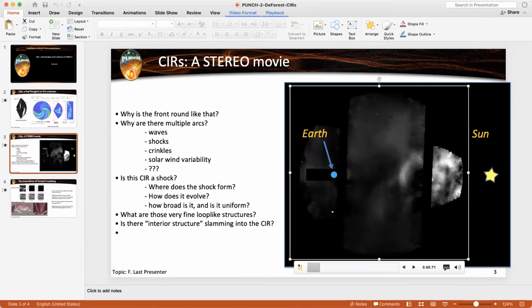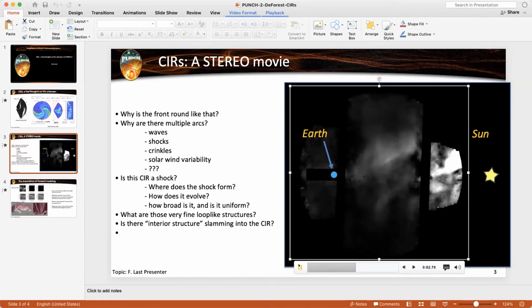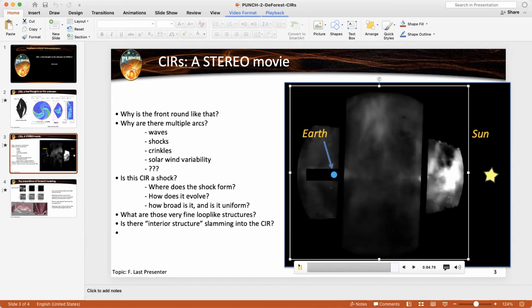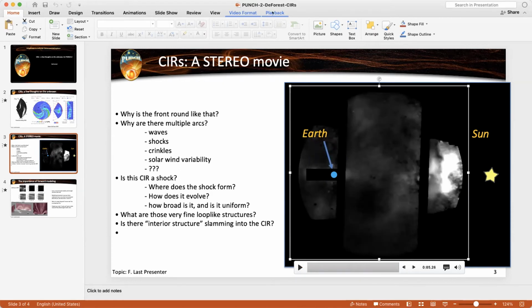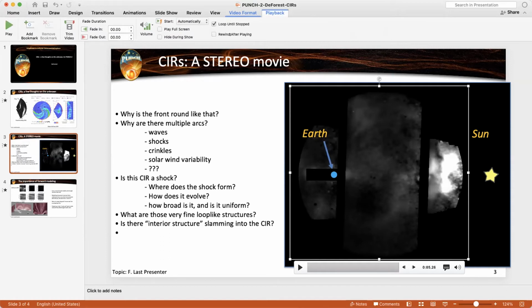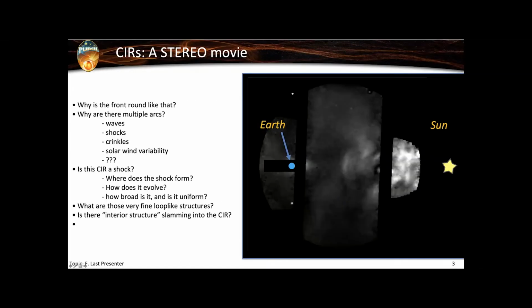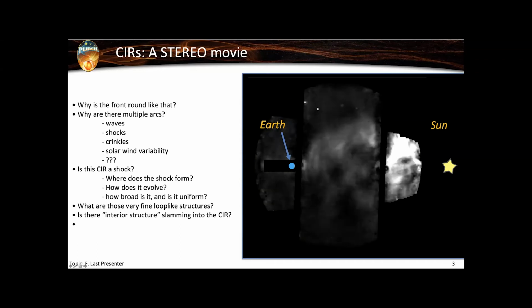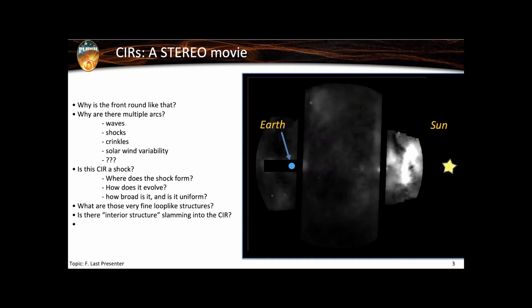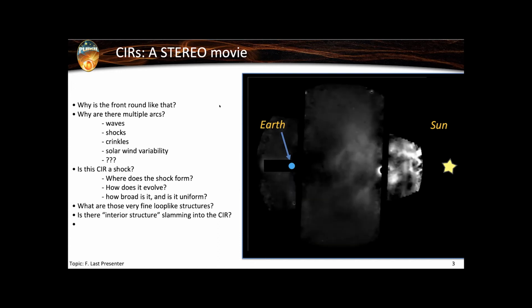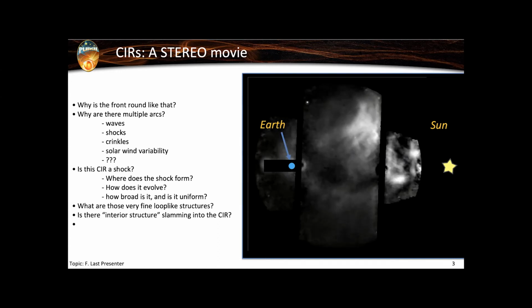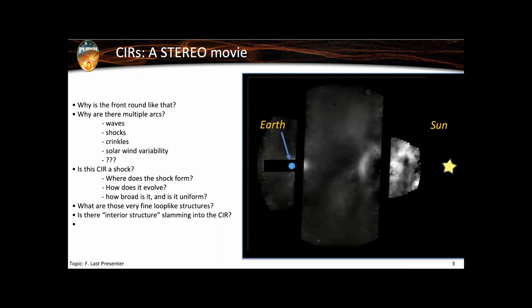Now, most of the structure would be projected in and out of the plane, so we would not be able to catch the full 3D view of that CME. Could we comment on the structure that is only seen in part and then try to get the full picture? Is it possible? Because we do not have the full 3D information of the CME.